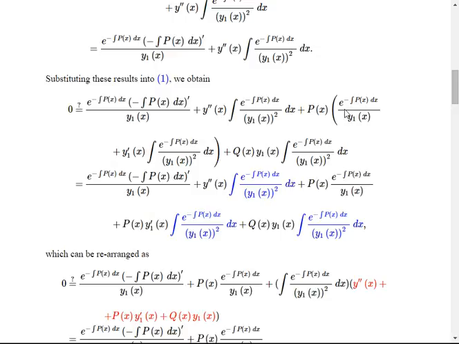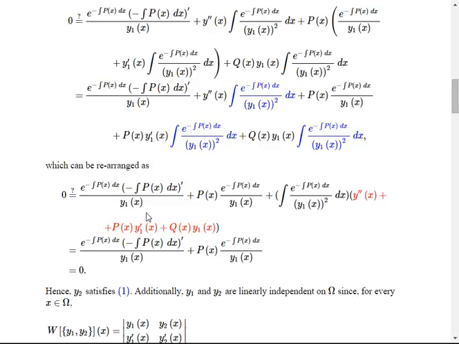After distributing the p of x through the first derivative, we see that these integrals, which I've colored blue, can be pulled out of those terms, the p of x just being moved over next to this term, as in this step, and we get the differential equation back.